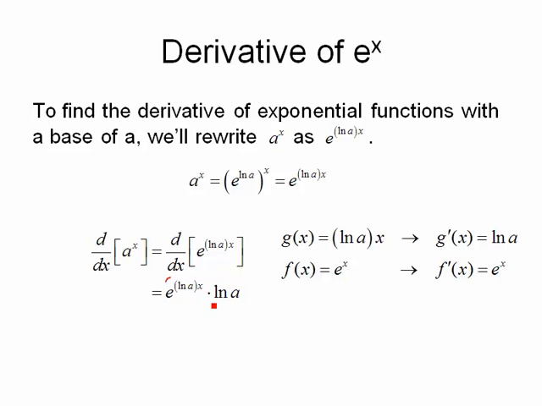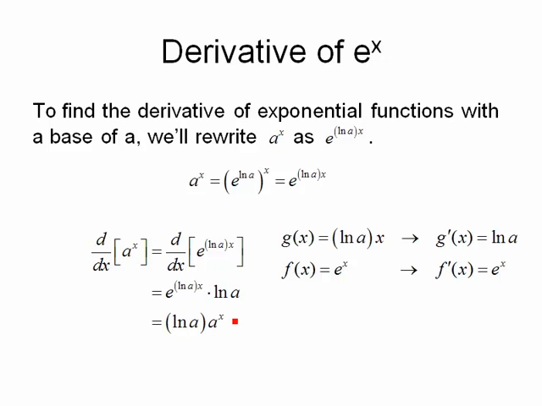And then I'm multiplying that times g prime. So this is my f prime of g of x part, and next to it, I have my g prime part. My final answer here, because remember e to the ln of a times x is simply a to the x, as we had up here, is ln of a times a to the x.